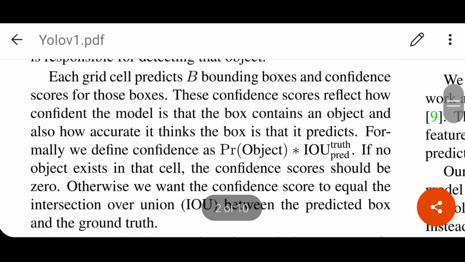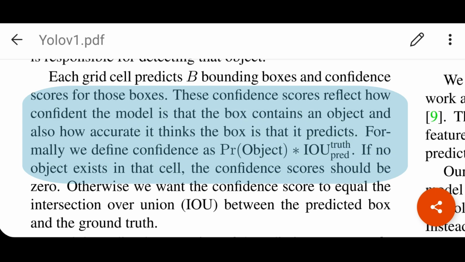Each grid cell also predicts confidence scores for those boxes. Those confidence scores reflect how confident the model is that the box contains an object, and also how accurate it thinks the box is that it predicts.